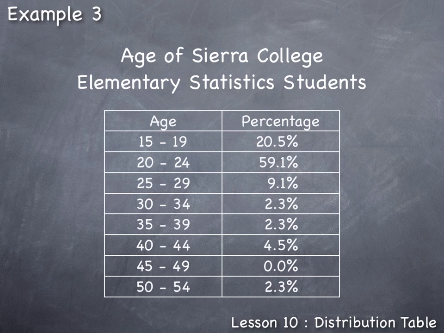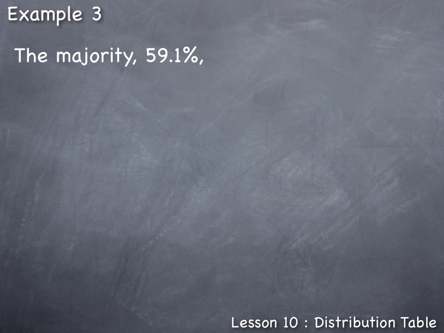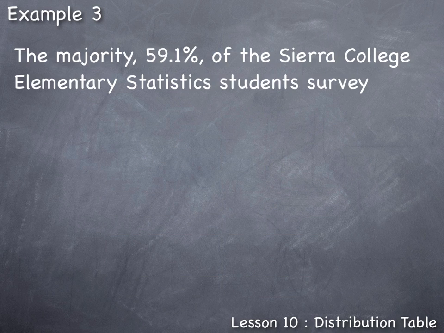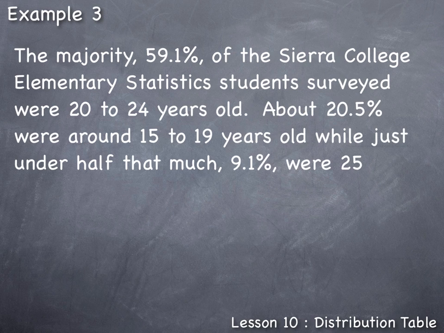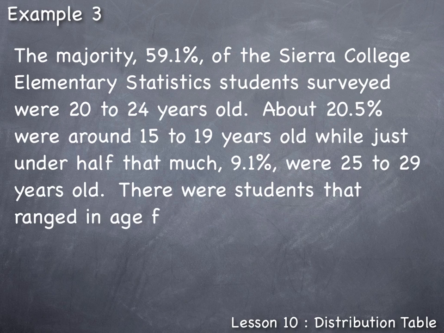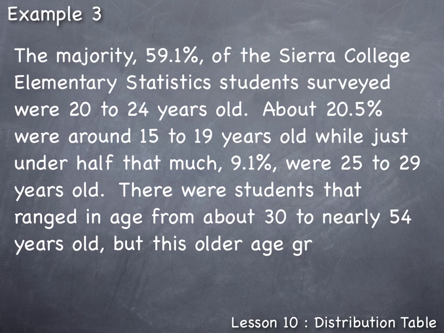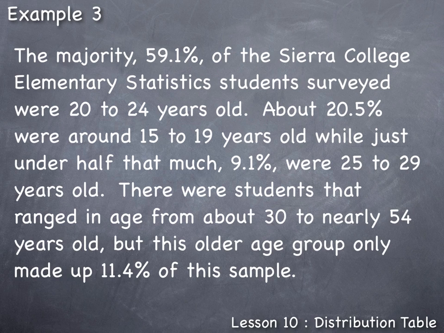So we can come up with one description using these words. The majority, 59.1% of Sierra College Elementary Statistics students surveyed were 20 to 24 years old. About 20.5% were around 15 to 19 years old, while just under half that much, 9.1%, were 25 to 29 years old.